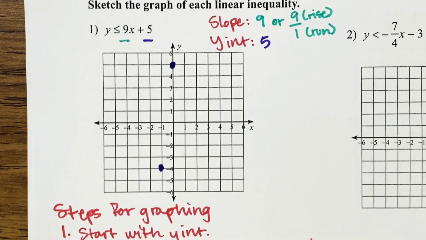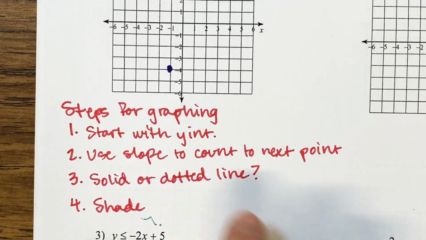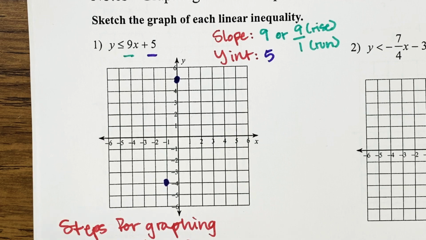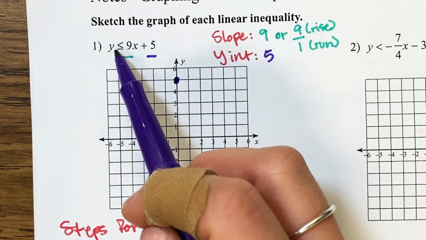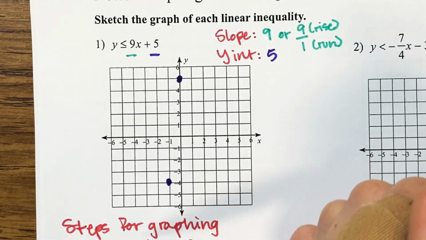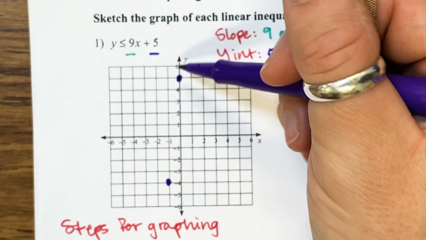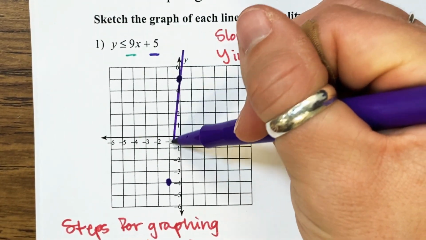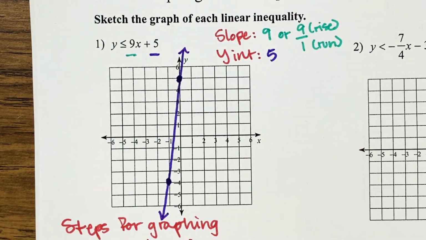Okay, before you connect those dots with your line, we need to decide, is this a solid or a dotted line? Okay, we're going to figure this out by looking at our sign. Okay, this is less than or equal to. So is this going to be a solid or a dotted line? That is going to be a solid because there's a little extra, right, or equal to. So connect it with a solid line. Okay, put arrows at the end.